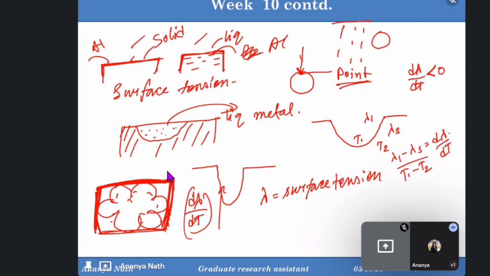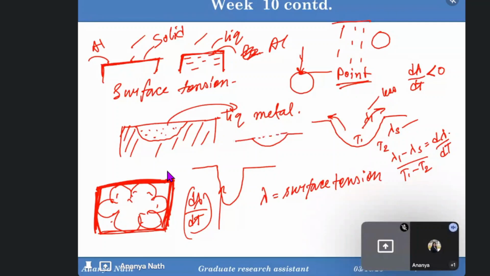Now T1 minus T2 cannot be negative, because obviously the liquid will have the higher temperature. So d lambda can have a negative value. That means the liquid has a lesser value than the solid. What will happen? The material will flow like this. So the melt pool will be shallow and broad.